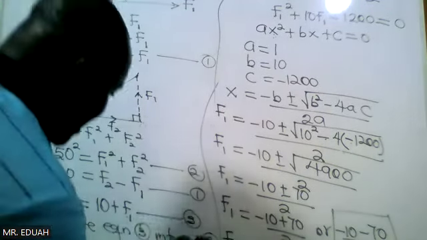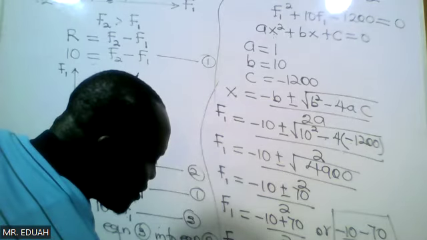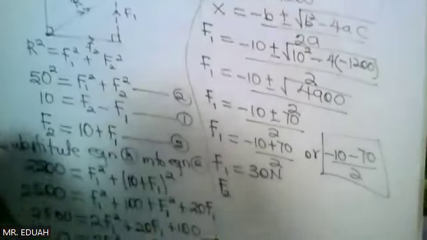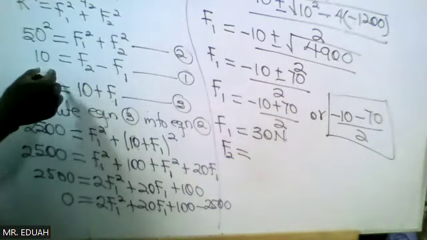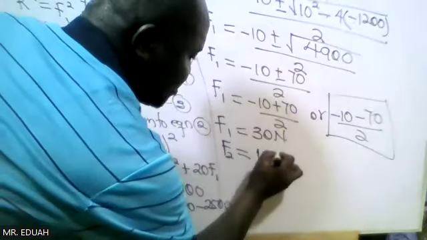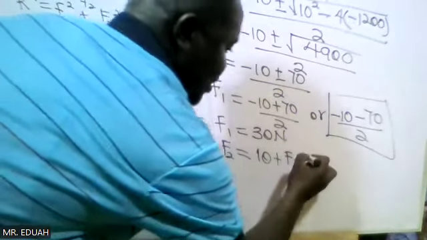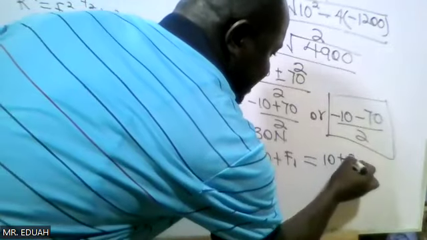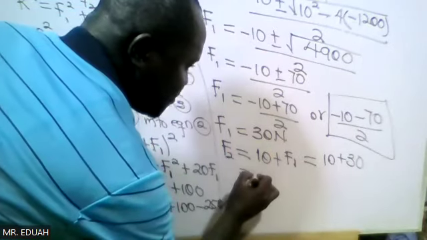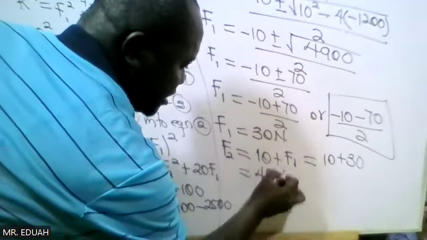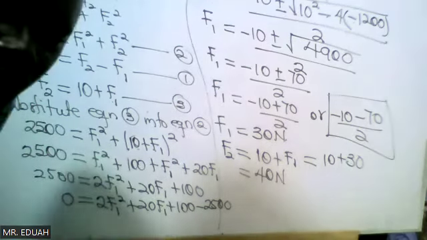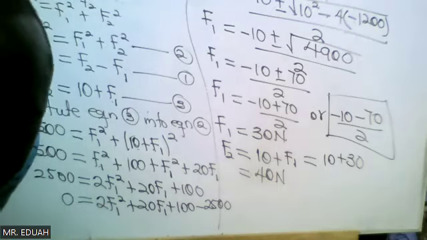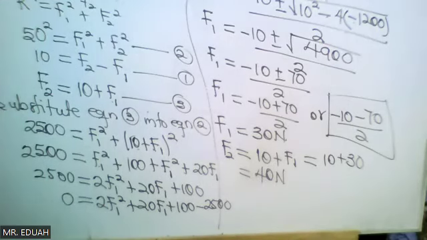So F2 would be equal to 10 plus F1, which is 10 plus 30, giving F2 40 Newton as the answer. So the two forces would be 30 Newton and 40 Newton respectively.